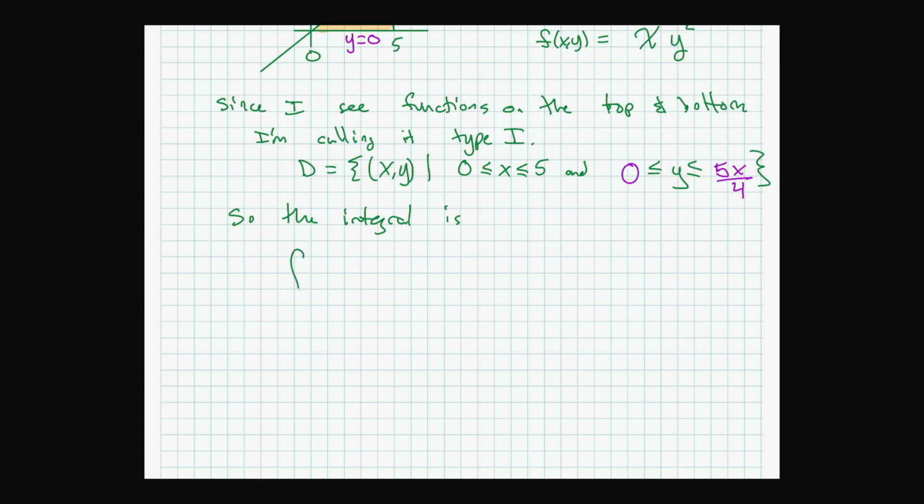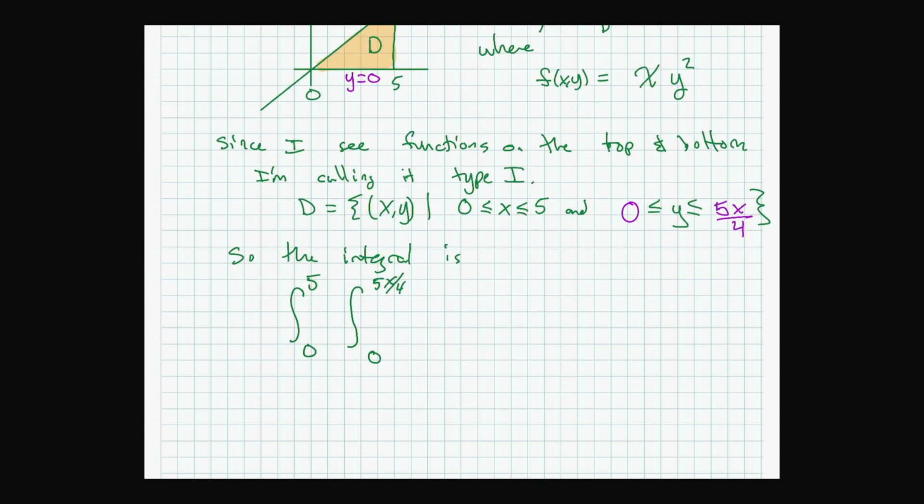So you do your integral for x on the outside, that'll be 0 to 5. For y, you go from 0 to 5x over 4, and then your function is xy squared. And we have to do the y integral first and then the x integral.